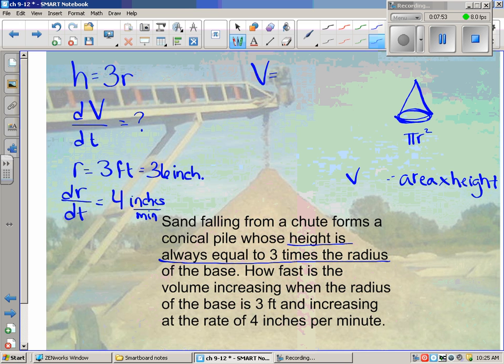Well, let's think about this. The height, h, that's what that would be. Now, that would be if we were talking about a cylinder, but this is a cone. And with the cone, if you think about that in respect to a cylinder, right, there's our cylinder, it's 1/3. We're taking off 2 pieces that are not there. It's 1/3 of that. So volume of a cone is 1/3 pi r squared h, okay?